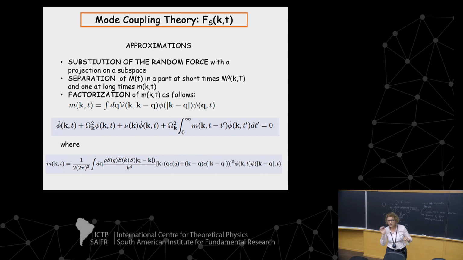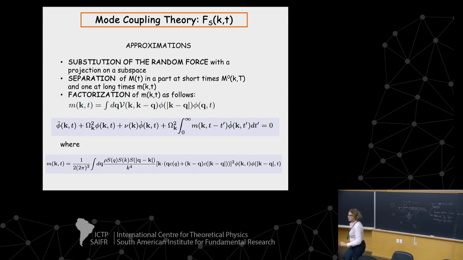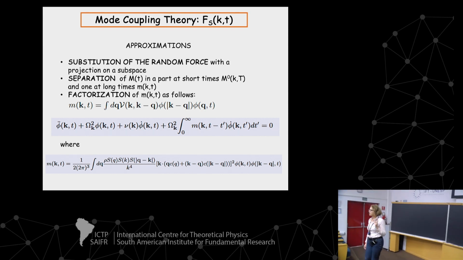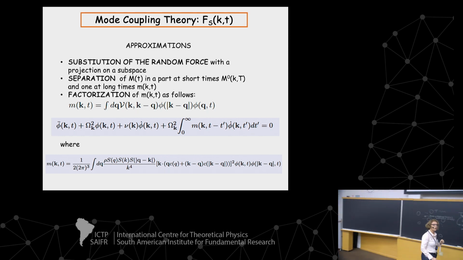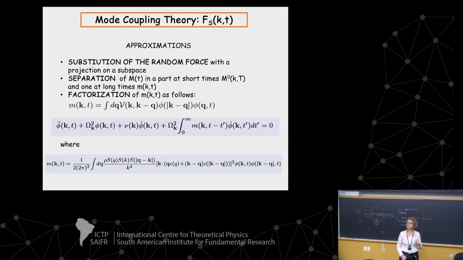My question is, the random force is a colored noise, because it's not a white noise. If it's a colored noise, yes, the force, yes. Sure. Okay. If there are no other questions.